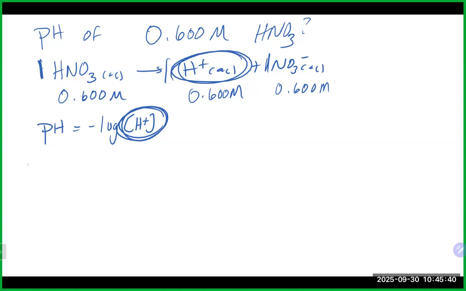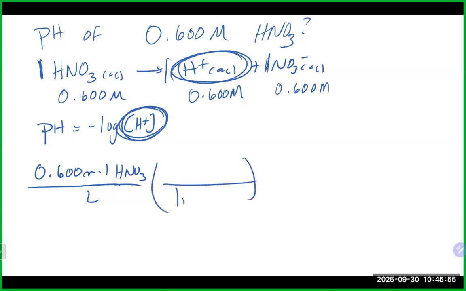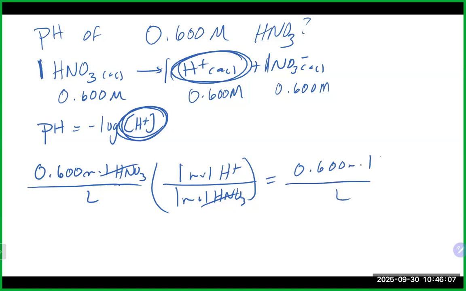The reason that works is the long calculation is this: 0.6 moles per liter of nitric acid. You basically do a stoichiometry calculation between the two. 1 mole of nitric acid gives you 1 mole of H plus. The moles of nitric acid cancel, and that gives you 0.6 moles per liter of H plus. So same concentration.